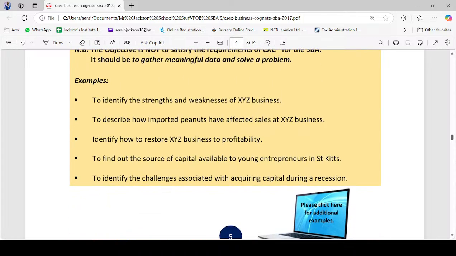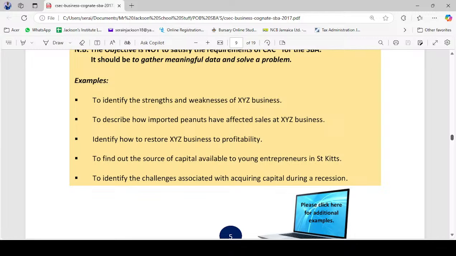So for example, to identify the strengths and weaknesses of XYZ business, to describe how imported peanuts have affected sales at XYZ business, to identify how to restore XYZ business to profitability, to find out the source of capital available to young entrepreneurs in St. Kitts or wherever, whichever country, to identify the challenges associated with acquiring capital during recession.